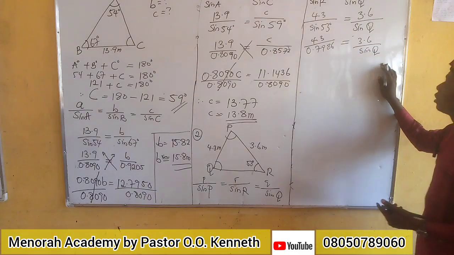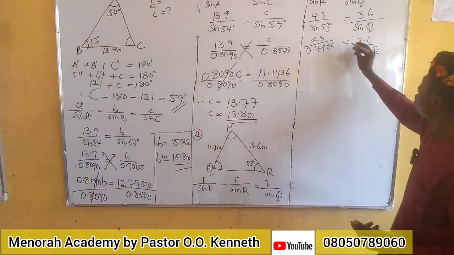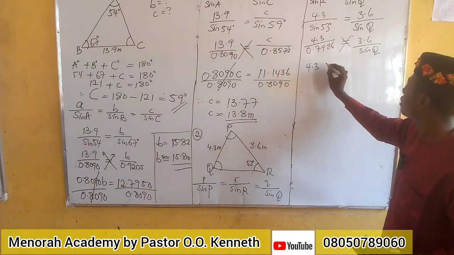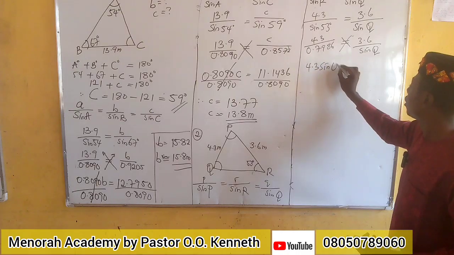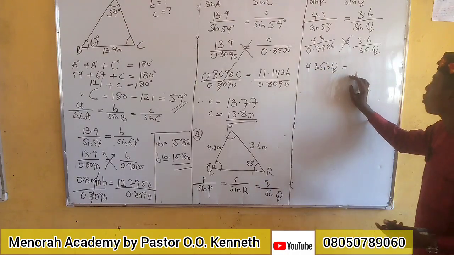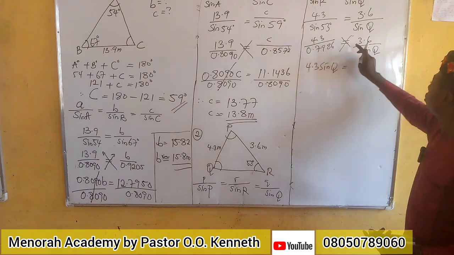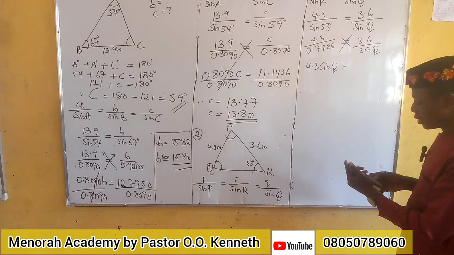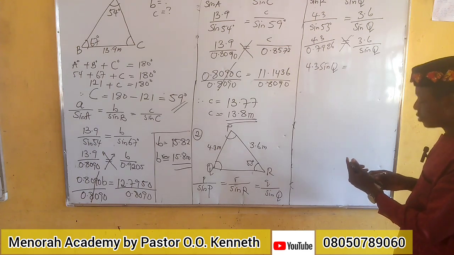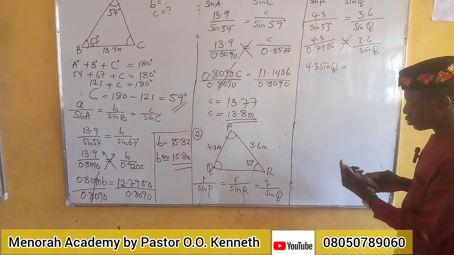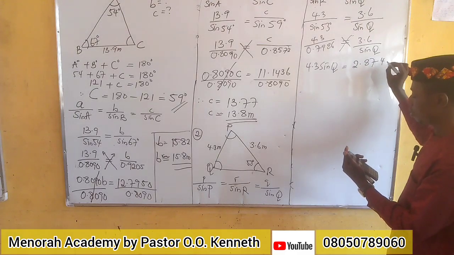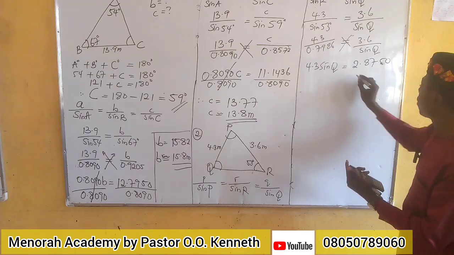We now have our sine Q here. So the next thing we do is cross multiply. 4.3 times sine Q will be 4.3 sine Q, which equals 3.6 times 0.7986, which gives approximately 2.874.